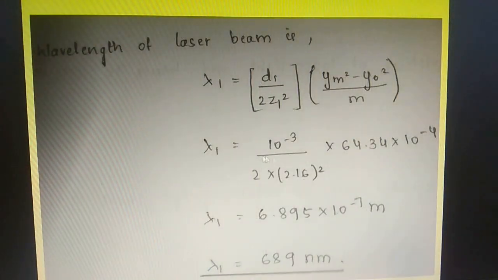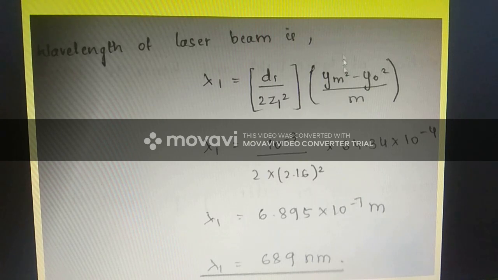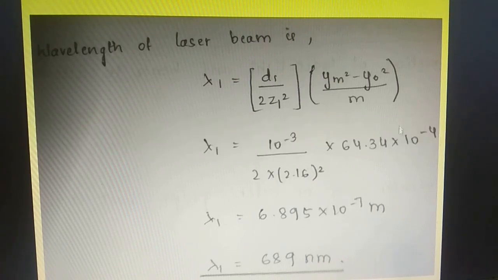Then this is your calculation. 10 to the power minus 3 means 1 millimeter. Z1 square is 2.16 meter square; you should write everything in meters.